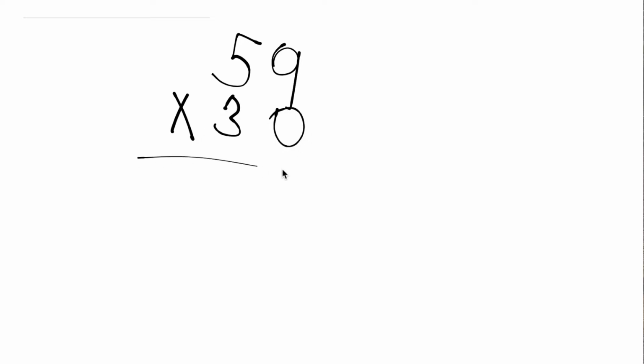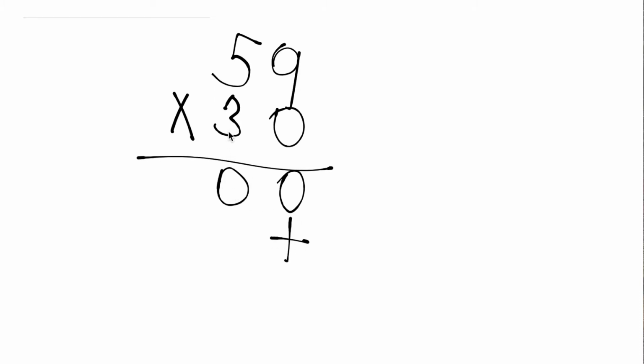So 59 times 30. We have to start with 0, but if you multiply anything with 0, it will be 0. So we just put 0 in this.